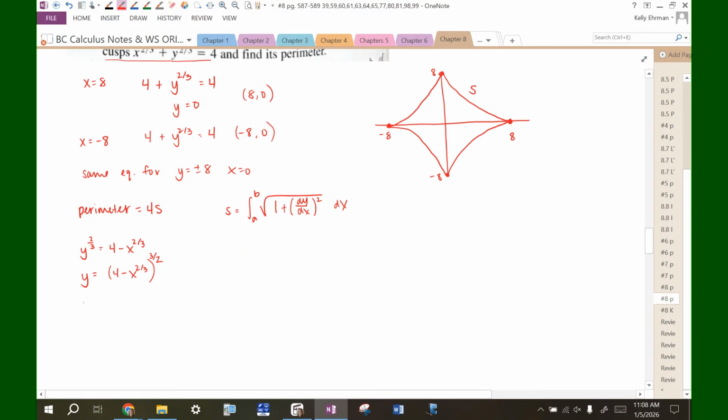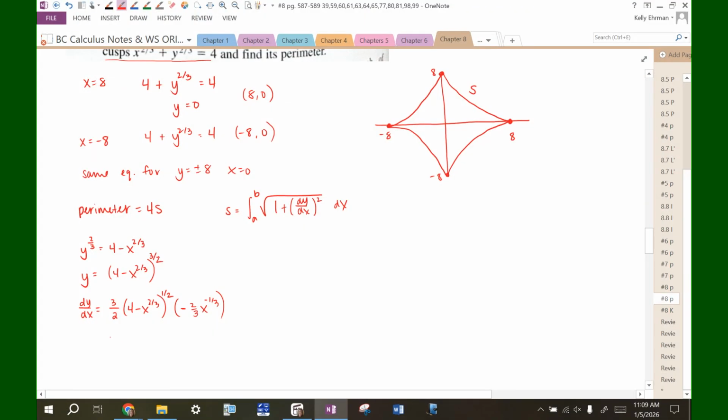Okay, so then find dy/dx, or y prime. Power rule first, 3/2 times 4 minus x to the 2/3, subtract 1 to the 1/2. And then chain rule. Derivative of 4 minus x to the 2/3 is negative 2/3 x to the negative 1/3.